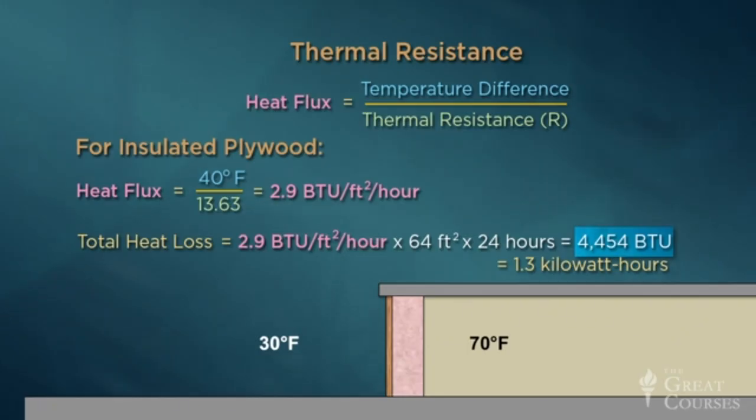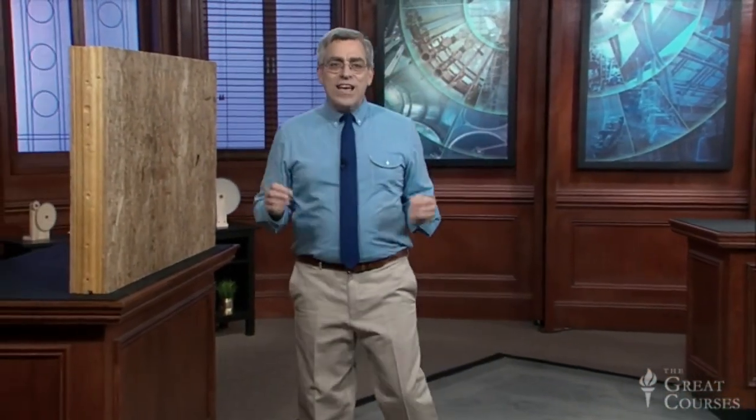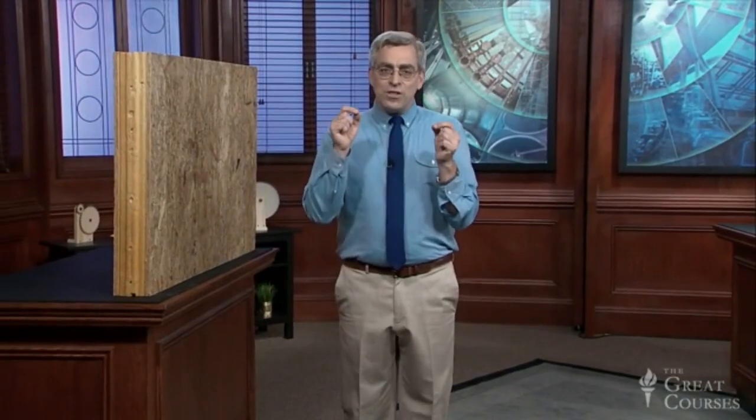That's 1.3 kilowatt hours at a cost of about 17 cents. A very respectable reduction from the $3.50 in energy loss for the uninsulated plywood. That's how insulation works, and that's how the R value is used to measure its effectiveness.